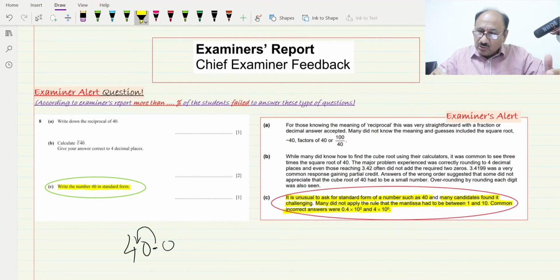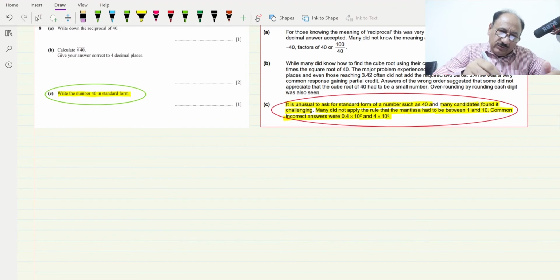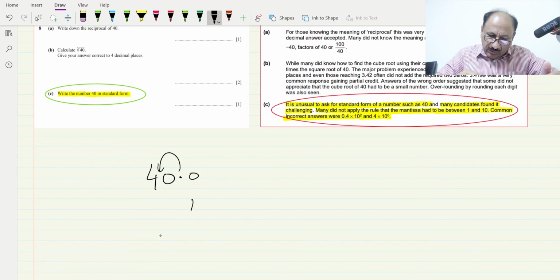Now let us go through the correct answer. What is the correct answer for this one? So 40, if I just write here 40, and we can write as 40.0, we have to move this decimal over here, and it will be 4.0, and we are moving to the left, so it will be 10 raised to the power 1.